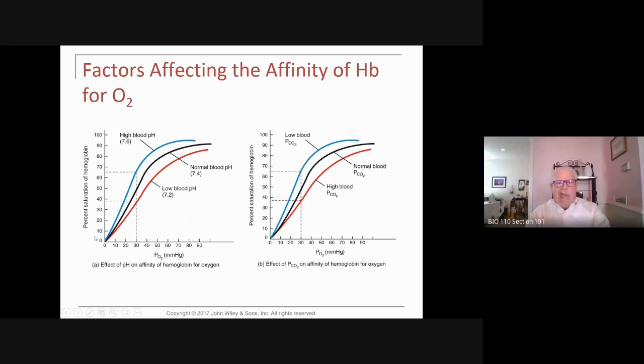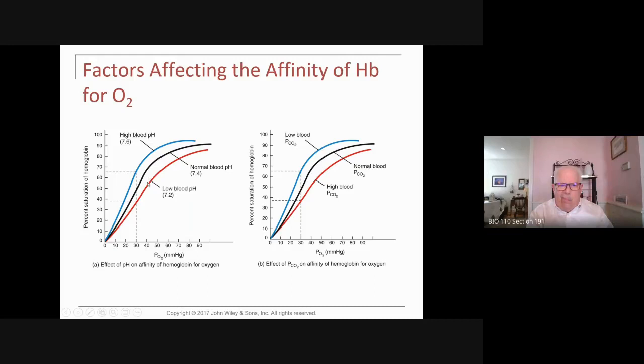What about pH? If your pH is, here's normal. 7.4 is the normal pH. When you're acidotic and you have a lower pH, here is a pH of 7.2, you will lose oxygen because the tissue needs oxygen.